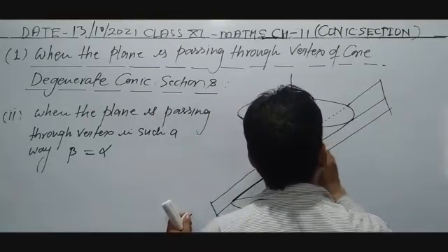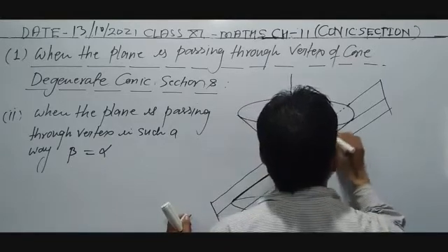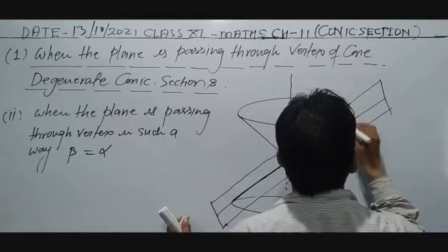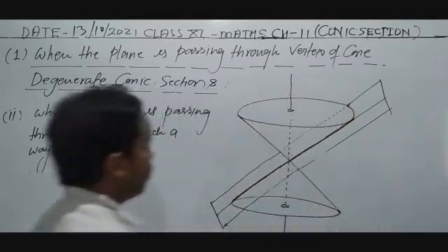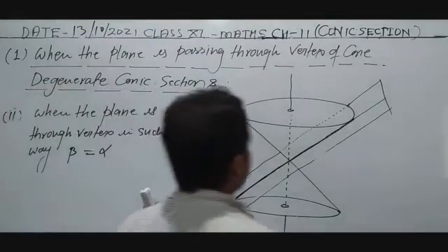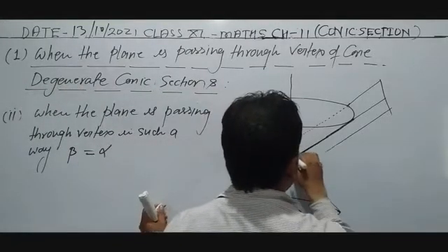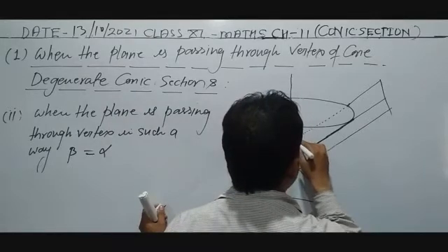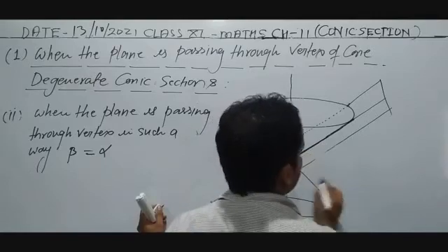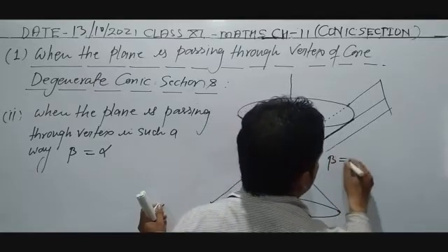This is the overlapping or cross-section part, here. When the plane is passing through the vertex, this is beta and this is alpha. So beta is equal to alpha.